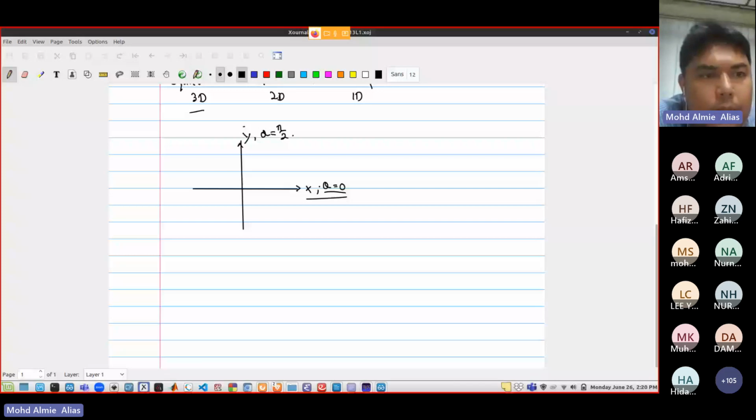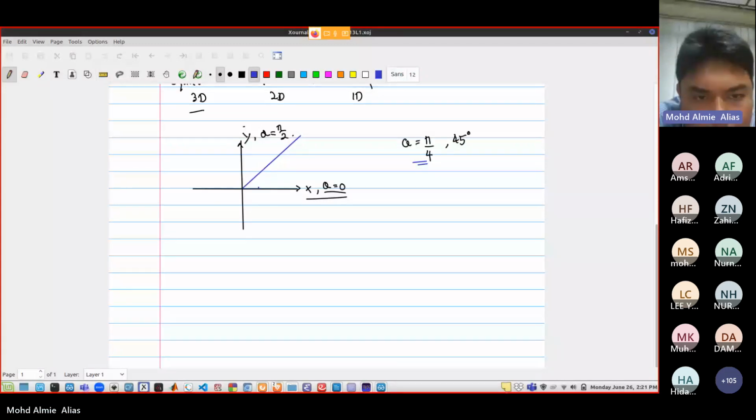Okay, so if I ask you to draw a line with the angle theta equals pi over 4 radian, which is 45 degrees, then the line would be something like this. Okay, so the angle here is pi over 4.